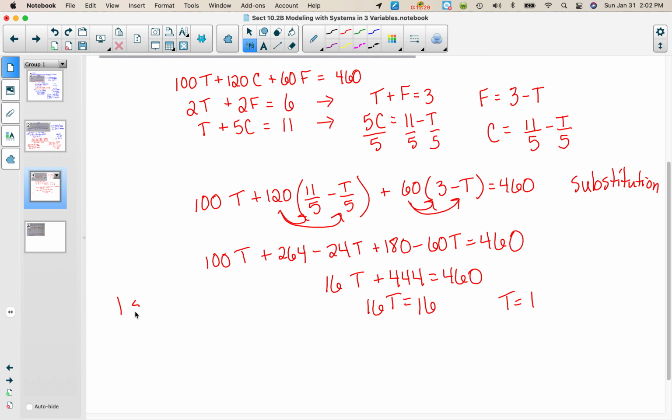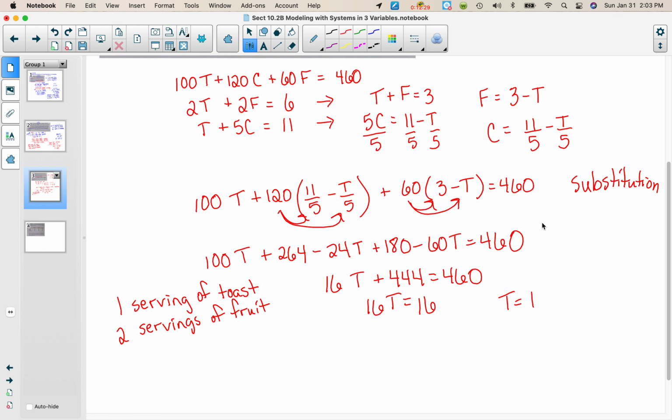So 1 serving of toast. And we know that for the fruit, it's 3 minus T, so 3 minus 1 is 2. So 2 servings of fruit.